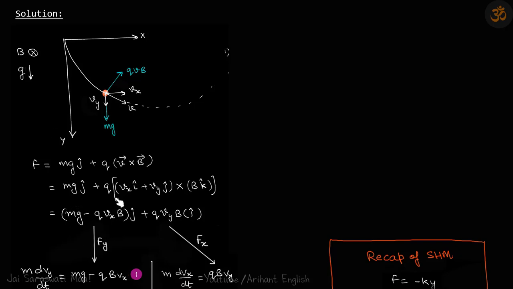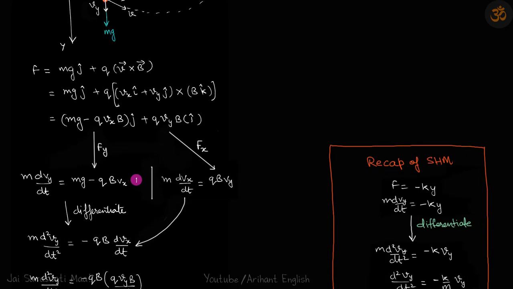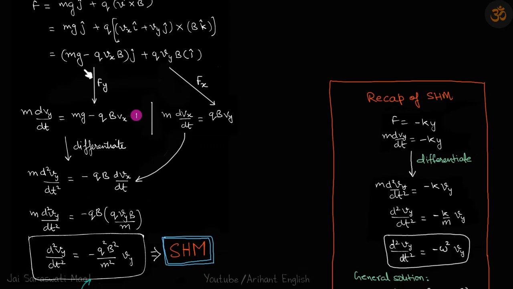So now we can, i cross k is minus j and j cross k is i. So we can write this as mg minus qvxB j cap plus qvyB i cap. Now this is the force in y direction and this is the force in x direction.